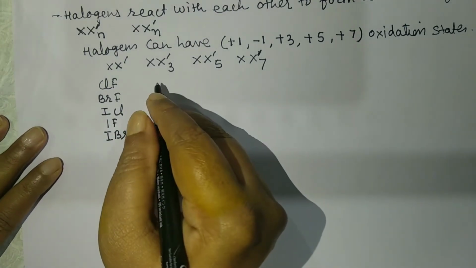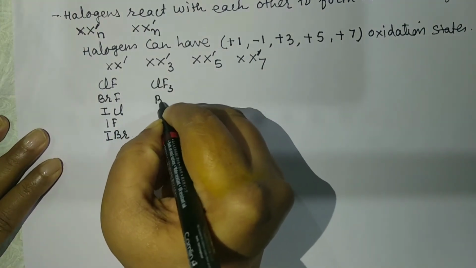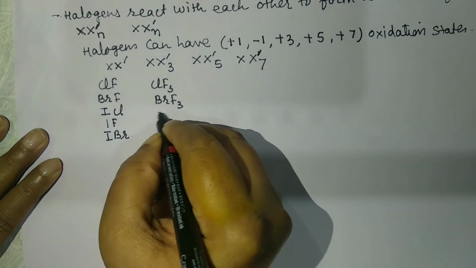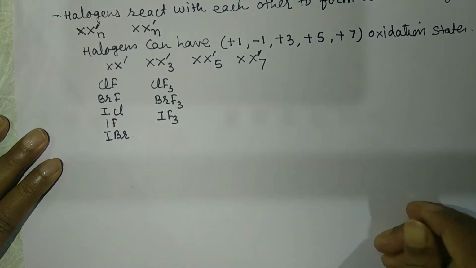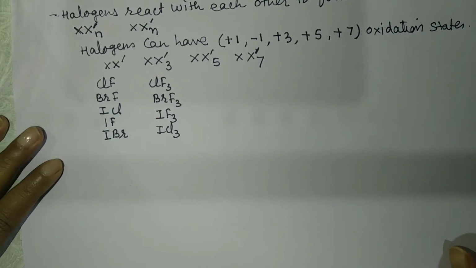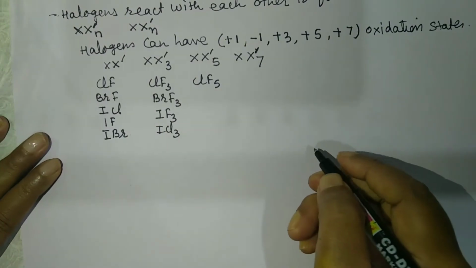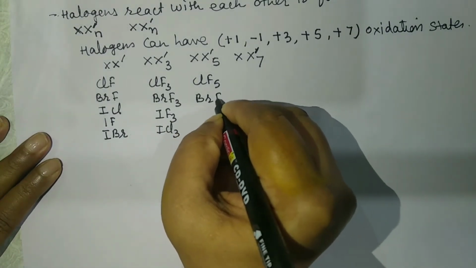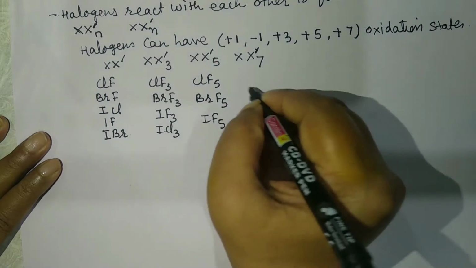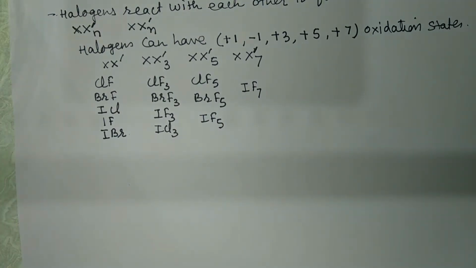Examples for XX'3 are ClF3, BrF3, IF3, ICl3. Under XX'5, I can have ClF5, BrF5, IF5, and here I can have IF7. So this type of interhalogen compounds we can get.